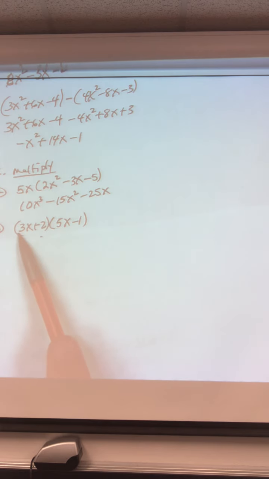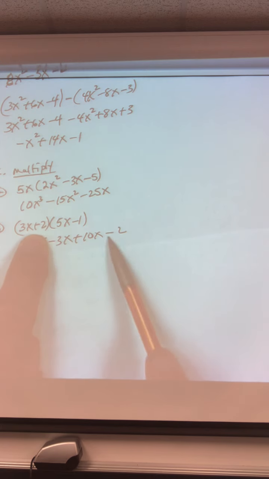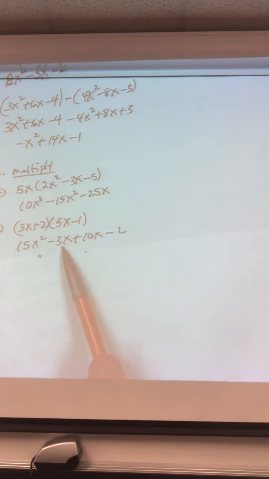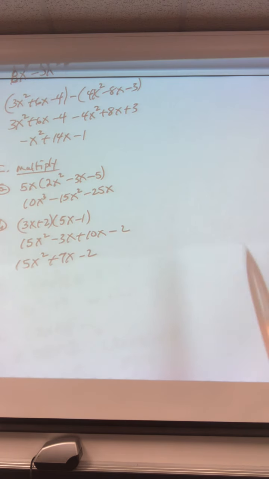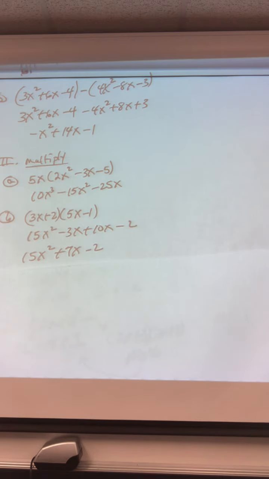If I multiply the first 2 together, I get 15x squared. If I multiply the outside 2, this one times this one, you get negative 3x. Multiply the inside 2, this one times this one, you get 10x. And then this one times this one is minus 2. Then I can combine these 2 terms because they're like terms. So negative 3x plus 10x is plus 7x.